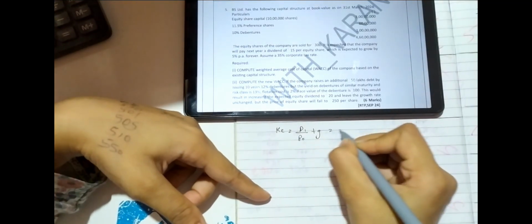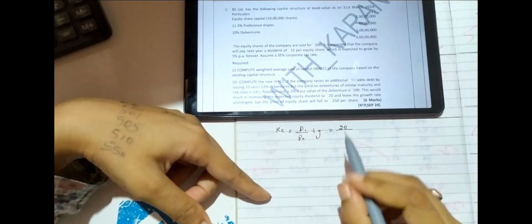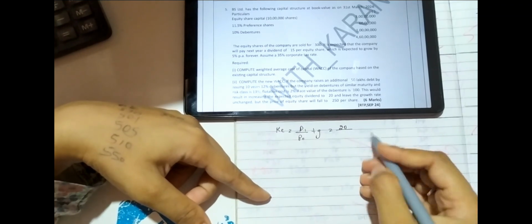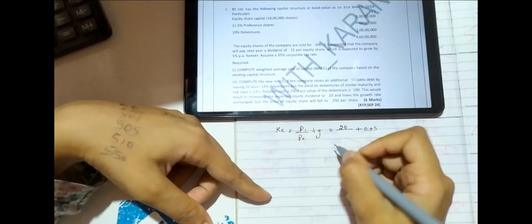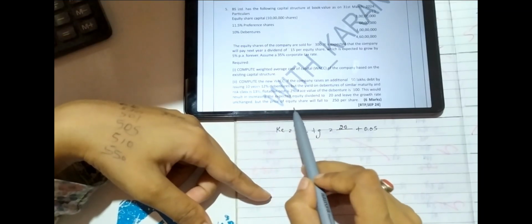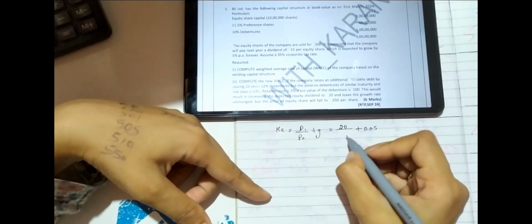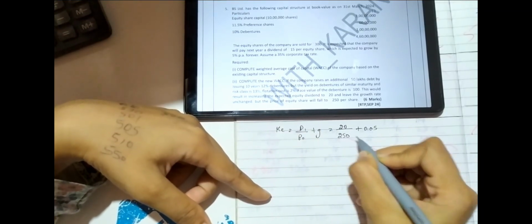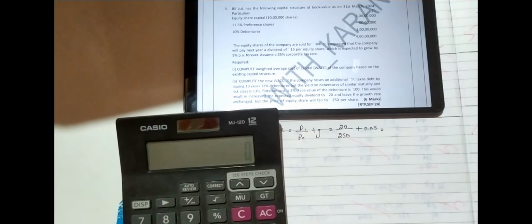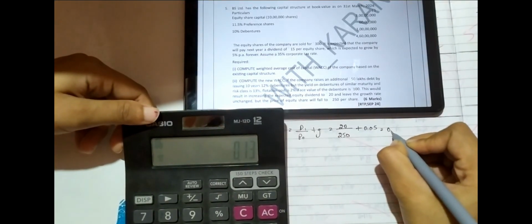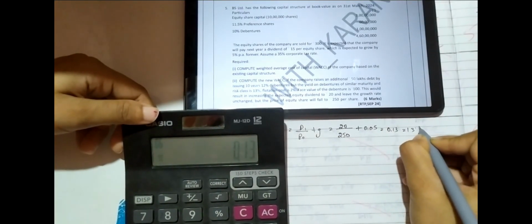So this is 20, okay? So 20 upon P0, with the growth rate constant at 5%, but the price of the equity share will fall to 250 per share. So P0 is 250. So this comes out to be 20 divided by 250 plus 0.05. So this is 0.13 or 13%, okay?